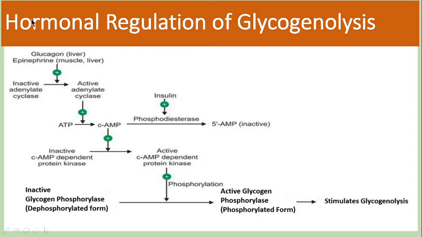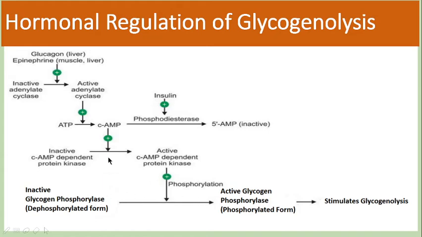So this is how the hormone will activate the enzyme. Glucagon in the liver and epinephrine in the muscle will convert ATP into cyclic AMP in the presence of the enzyme called adenylate cyclase. So more amount of cyclic AMP will be produced. This cyclic AMP will in turn convert the inactive form of protein kinase into active protein kinase. Protein kinase's role is to phosphorylate whatever enzyme comes closer to it.